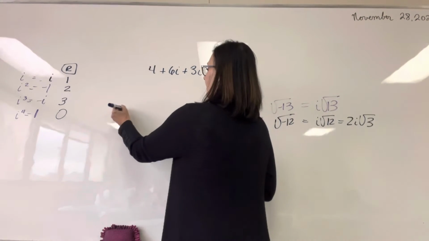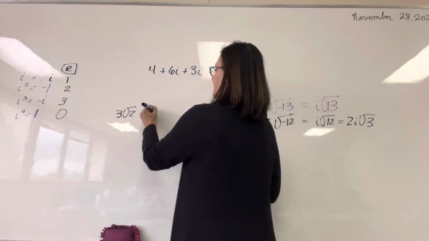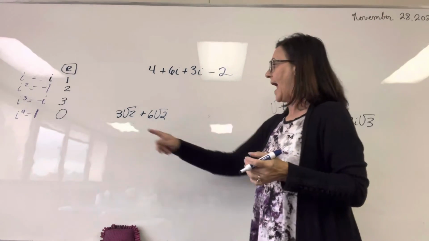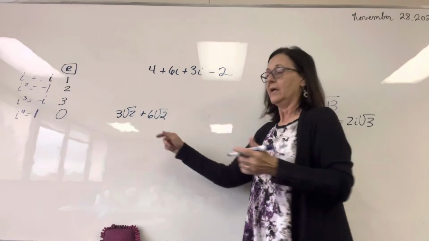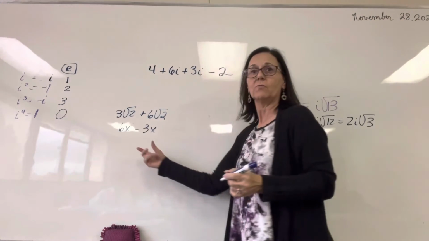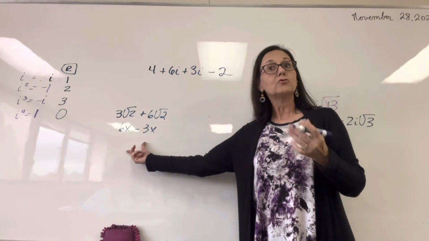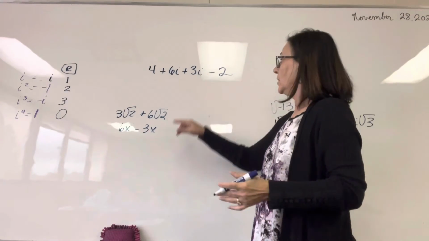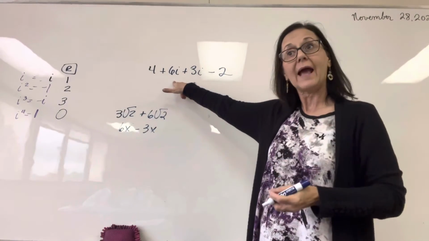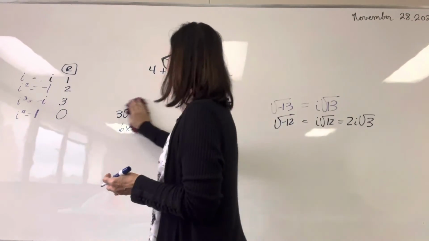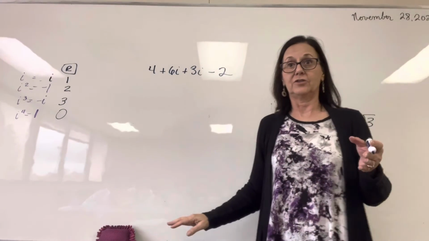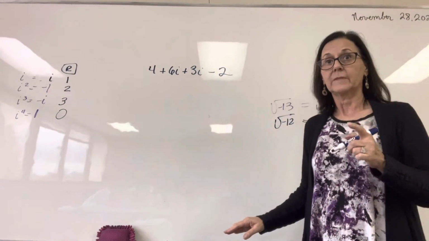If I had 3 square root of 2 plus 6 square root of 2, what would I do? 9 square root of 2. Add the coefficients. If I had 6x minus 3x, what would you do? Subtract the coefficients. When you have i's, you're adding or subtracting what is in the coefficient position. i doesn't change. Does that make sense?